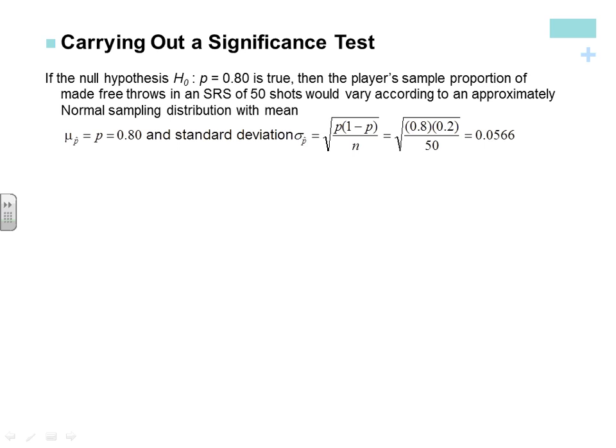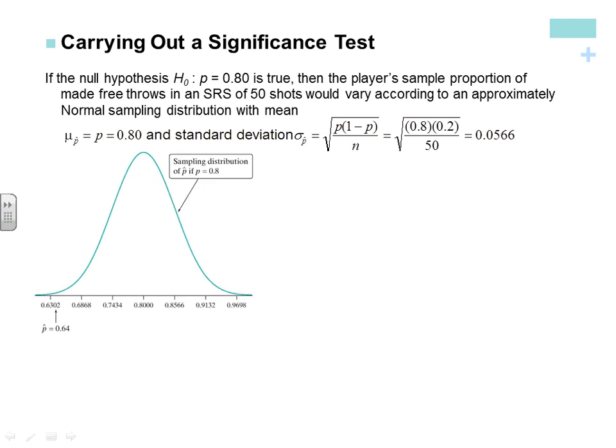All right, so carrying out the significance test. We're going to find our mean and our standard deviation. If you recall, the mean of a proportion is just the p itself, which was 0.8.